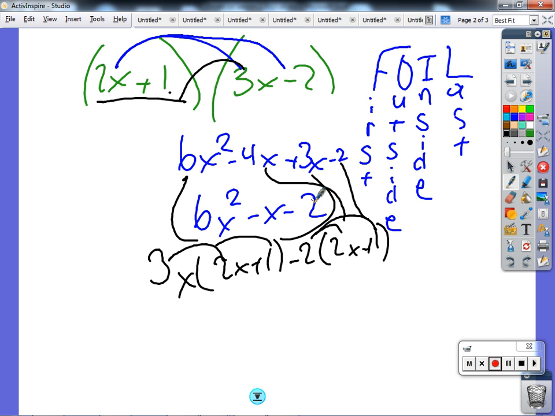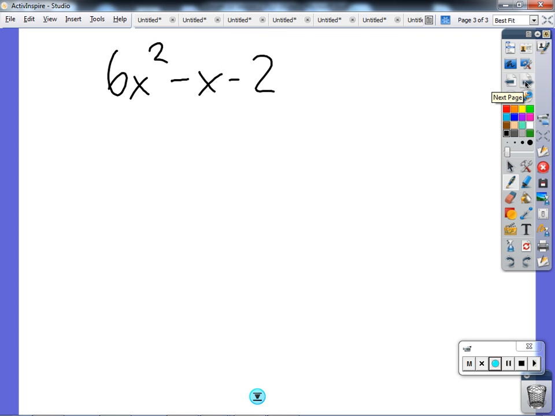Okay? So going on to our problem, my first step that I always do is I do what I call my rainbow. Okay? So I take 6 times negative 2. Negative 12. And I do this right over here. So put negative 12. Okay? Write that down. I take my first number and I multiply it to my last number. So basically, guys, once again, I'm in standard form there.